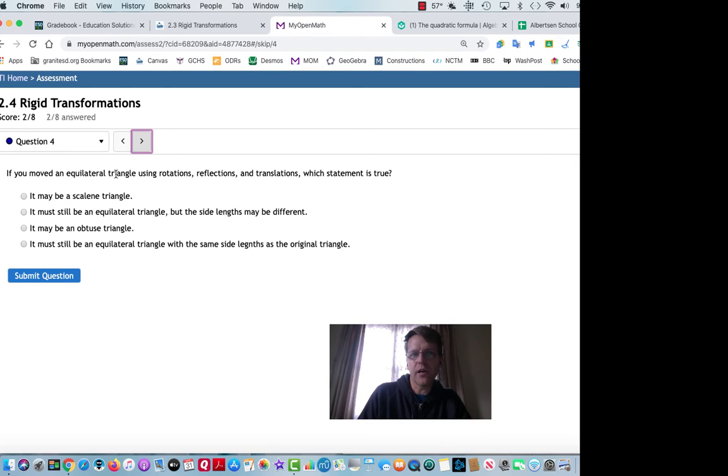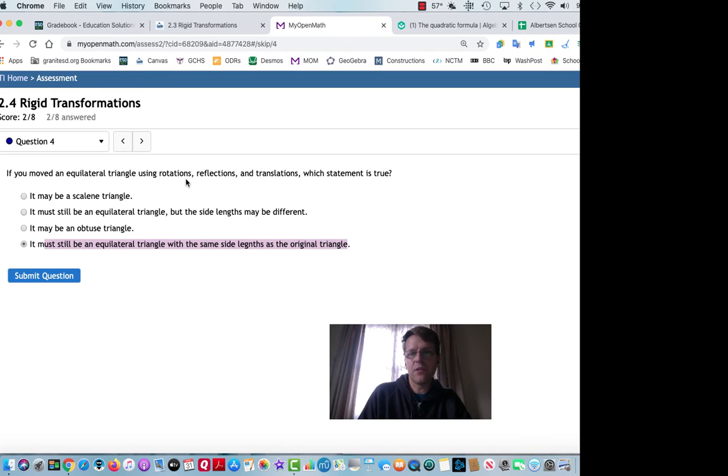If you had a triangle and it was an equilateral triangle, that means all three sides are the same, and you rotated it and you reflected it and you translated it, what would be true about that? Well, it would still be an equilateral triangle, and all the side lengths would be the same as the original triangle.